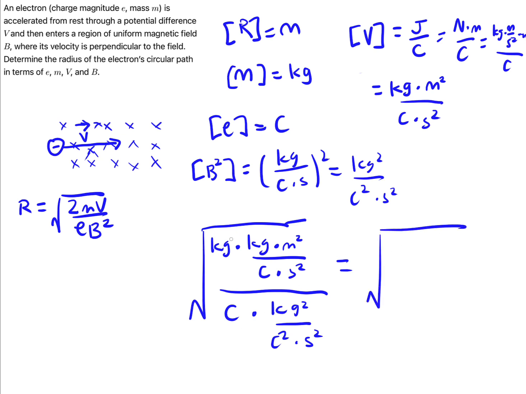So first, this kilogram times kilogram becomes kilogram squared, and then over coulombs. And then we have these two fractions, which we can simplify by moving coulomb squared times second squared to the top. And we still have meter squared. And then these two move to the bottom.